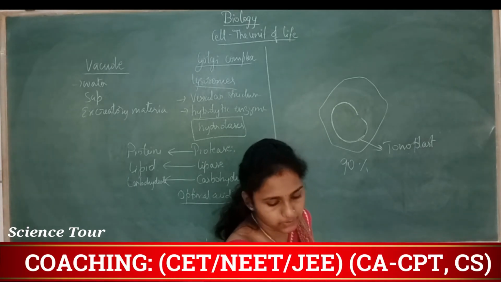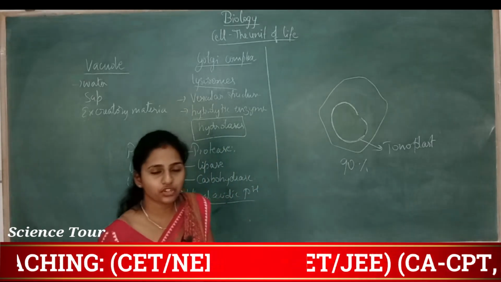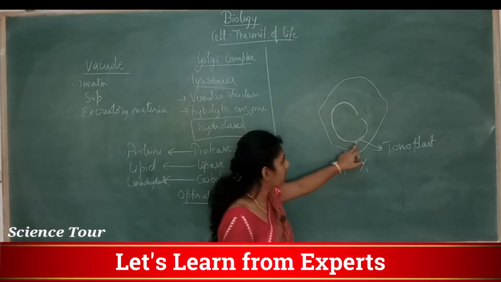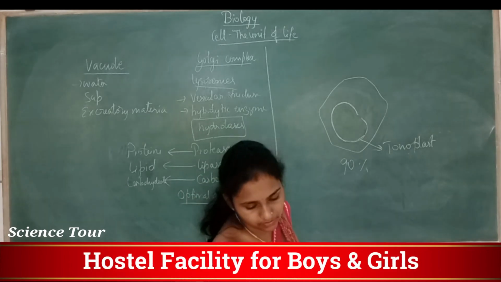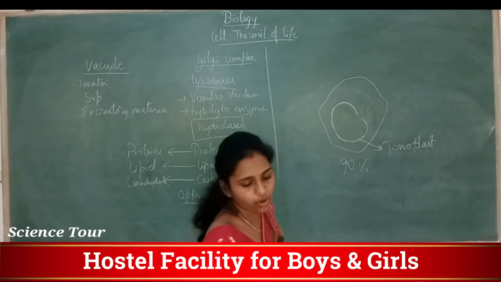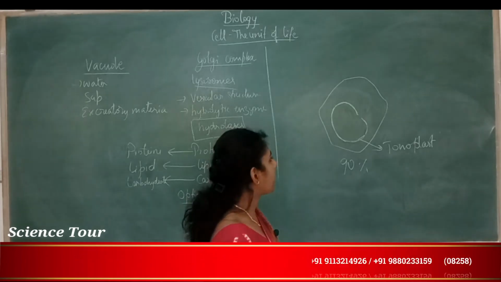In plants, the main function of the vacuole's tonoplast is to facilitate the transport of a number of ions and other material.